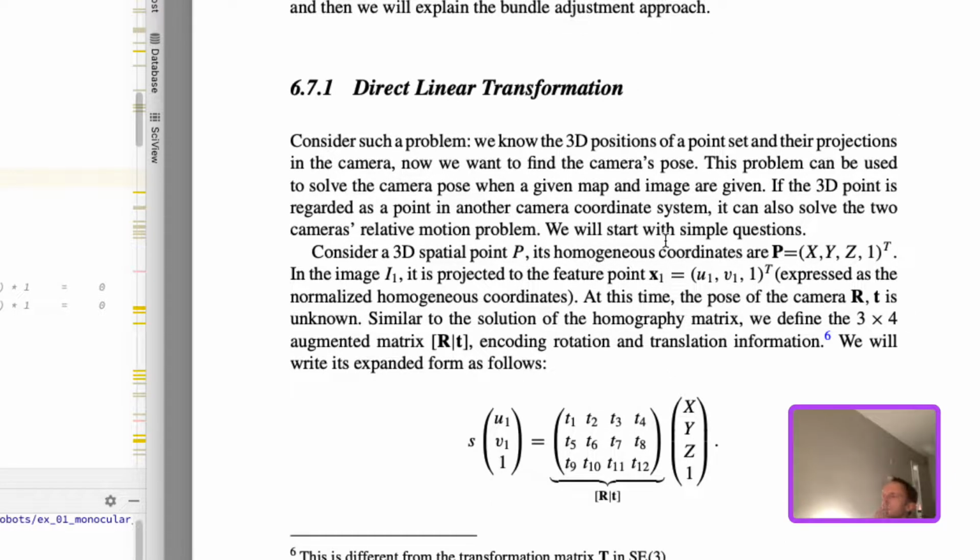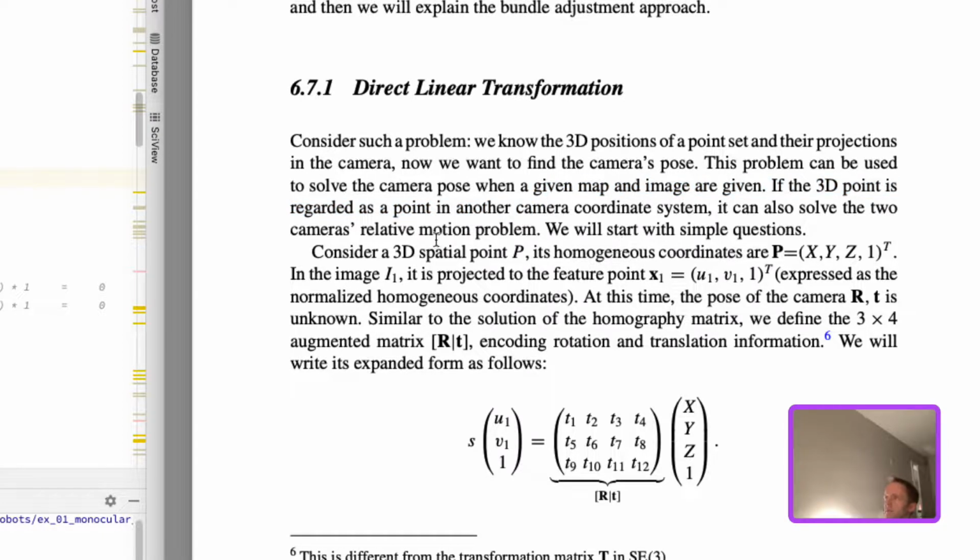So let's say that we know the 3D positions of a point set and their projections in the camera. We want to find the camera pose. So we can use this to solve the camera pose when a map and an image are given.